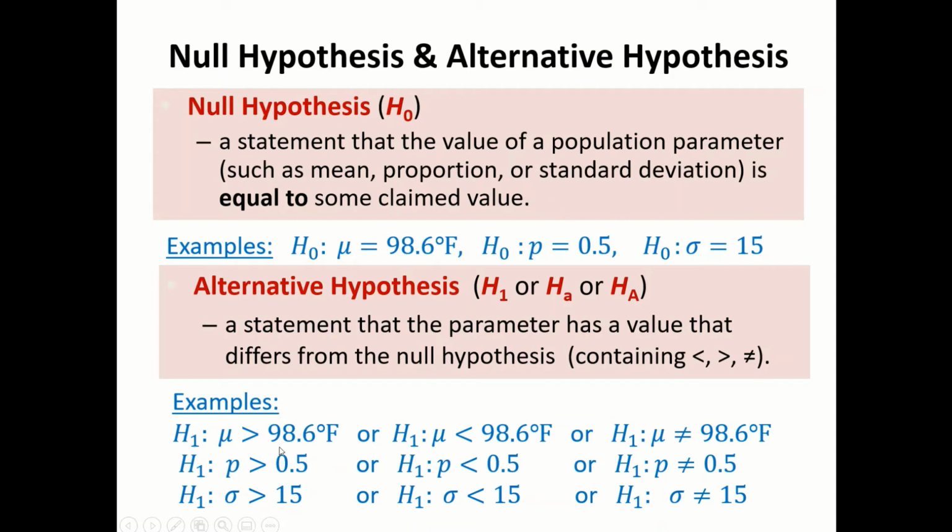Mu is greater than 98.6 degrees Fahrenheit, mu is less than, mu is not equal to. Right, similar for P equals 0.5, it is possible to have three different alternative hypotheses. Similar for sigma equals 15, you have three possible alternative hypotheses.